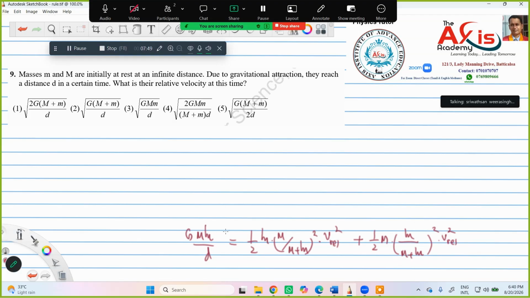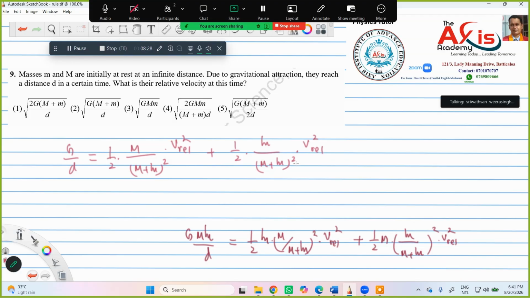In the left side and right side, capital M small m is common. If we cancel that, G over d is equal to half, small m cancels, capital M squared over capital M plus small m whole square into V relative squared, plus half into small m over capital M plus small m whole square into V relative squared.